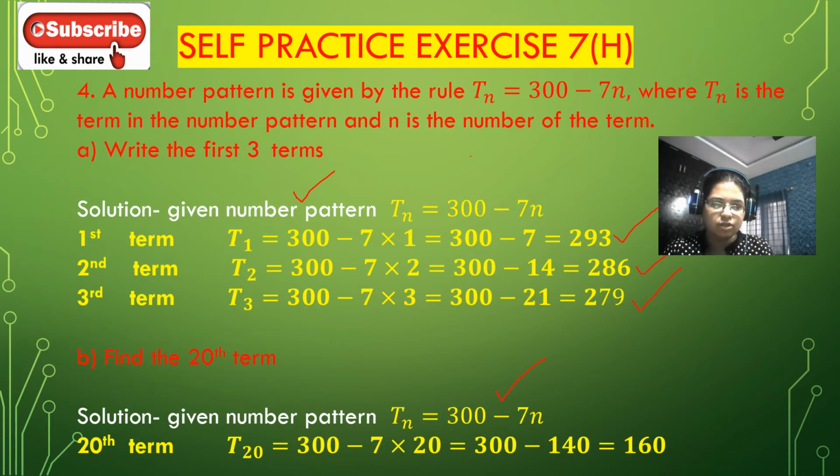So the 20th term will be T20 equal to 300 minus 7 multiplied by 20, that is 300 minus 140. 300 minus 140 will be 160. So the 20th term of the number pattern Tn equal to 300 minus 7n will be 160.